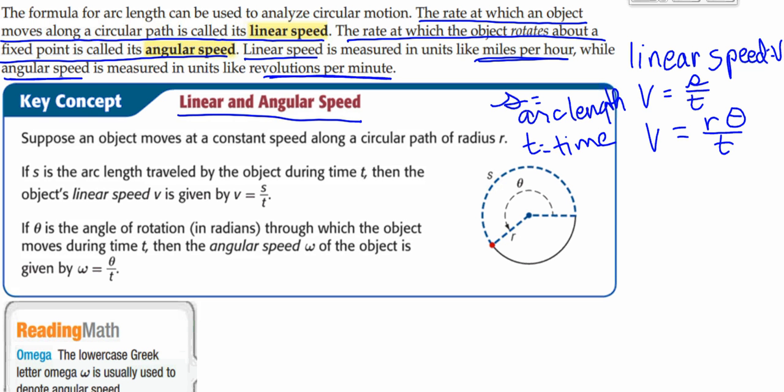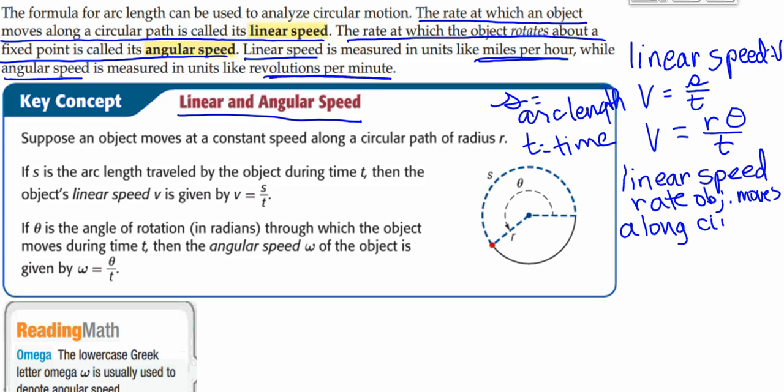This is all about linear speed right here. I'm going to remind you that linear speed is the rate that an object moves along a circular path, and I'll change colors when I start talking about angular speed.